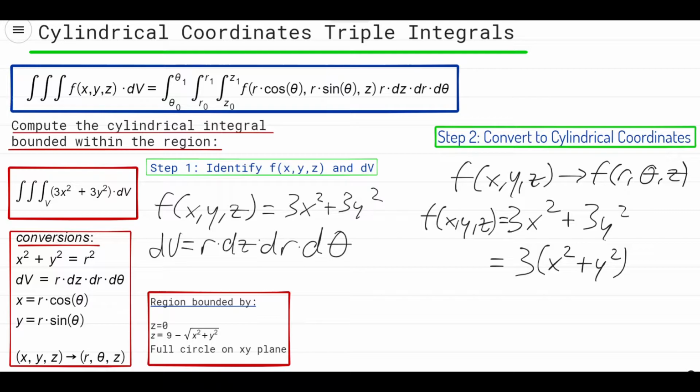Now it's starting to look like we can convert this, because we know that x squared plus y squared is equal to r squared. So we can substitute r squared in there, and thus f of r, theta, z is equal to 3r squared.